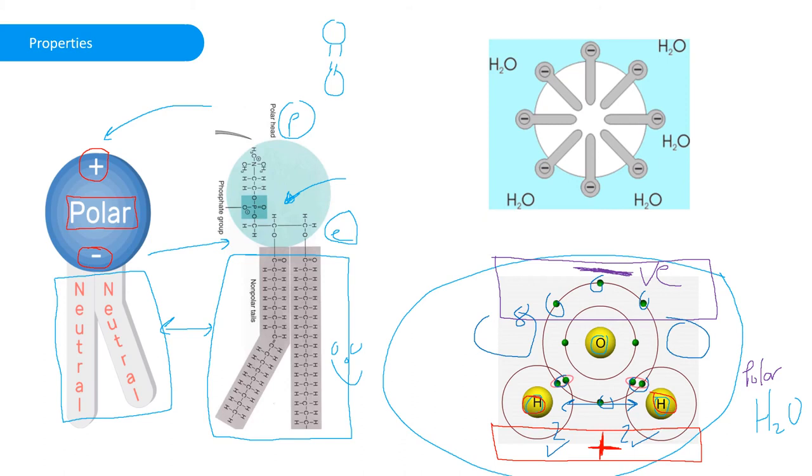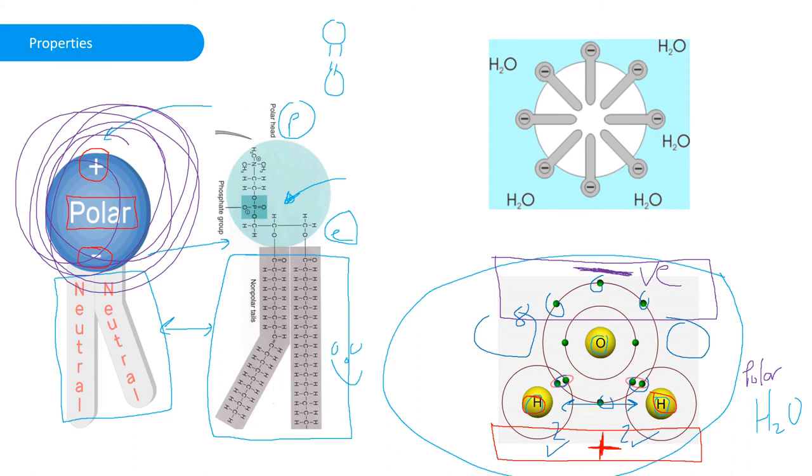The reason why is that this polar head is charged on a phospholipid, and the same is true of water. So hopefully you can see that it's hydrophilic because it's attracted to water. So the heads are attracted to water.